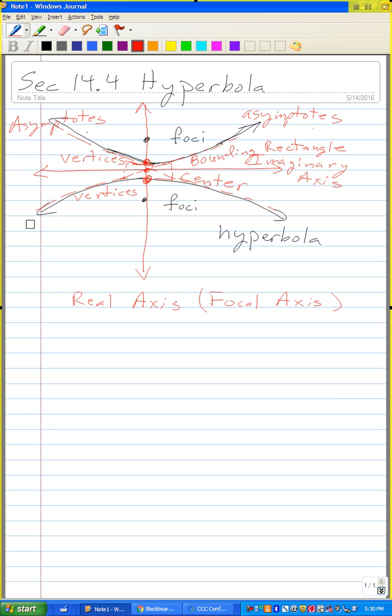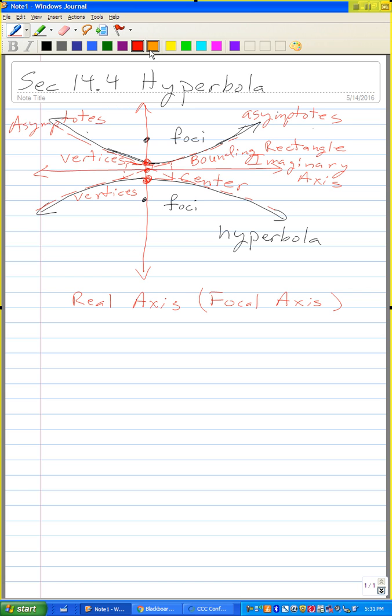So let's try to determine the equation of a hyperbola. Again, if you recall, it is the locus of all points whose difference of distances between that point and the two foci is the same.